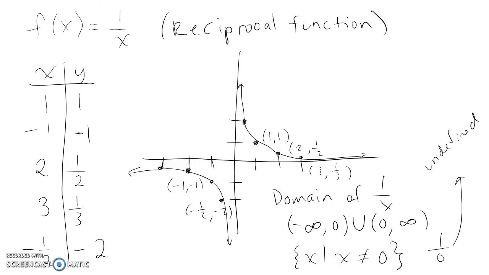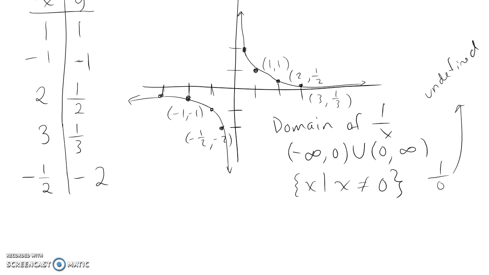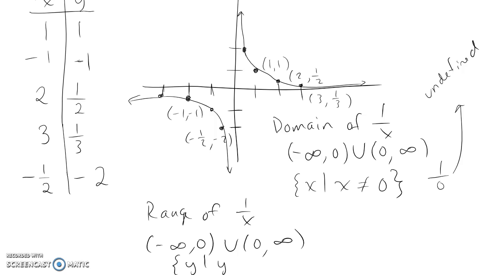Then if we start to look at the range of this function, we see again that it is negative infinity to 0, union 0 to infinity, or all y such that y does not equal 0.